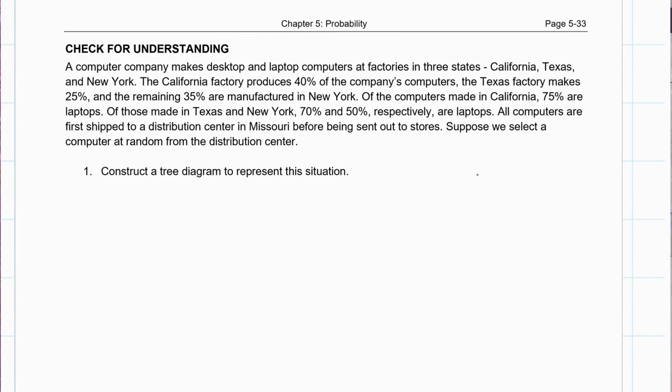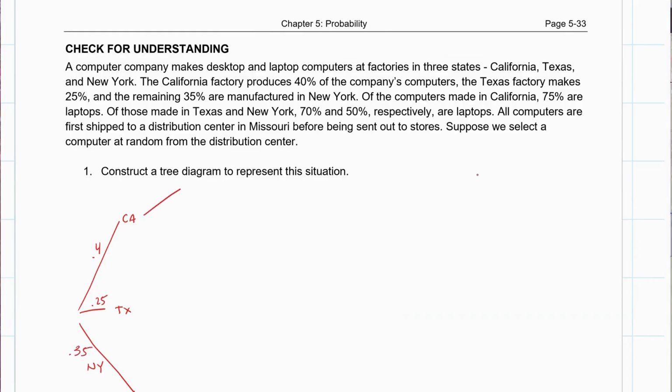So let's make a tree diagram for this situation. Well, we have California, we've got Texas, and we've got New York. And the probability that a computer is made in California is 0.4, 0.25 for Texas, and for New York, 0.35.